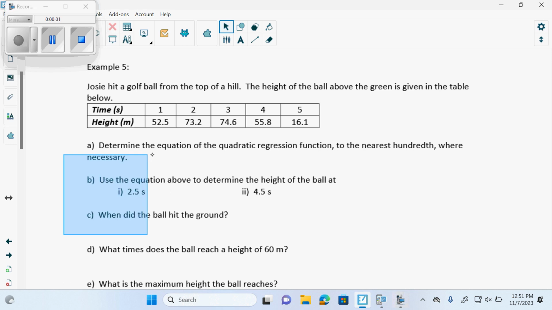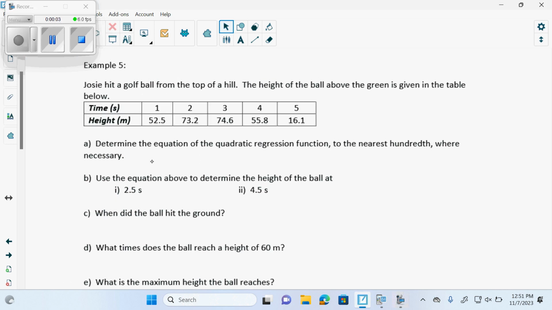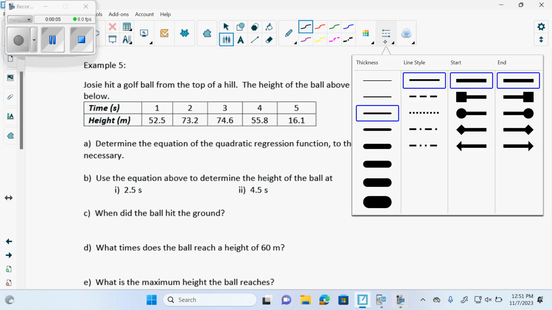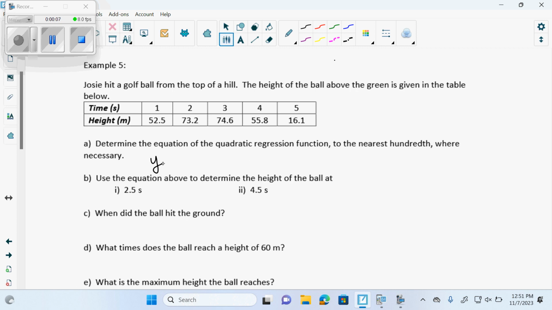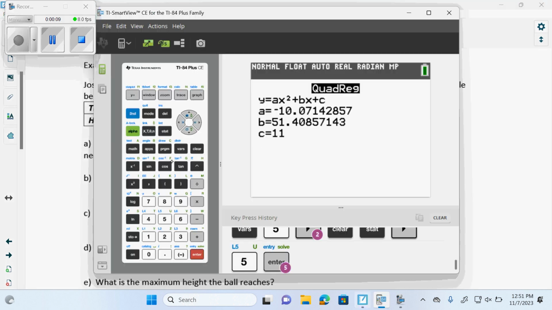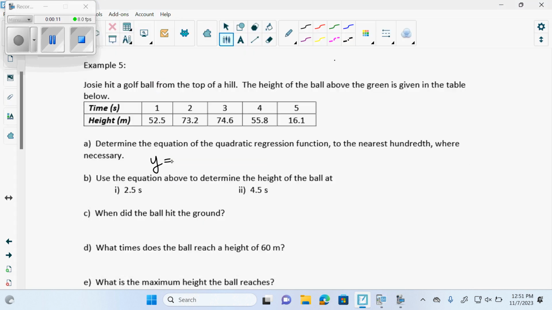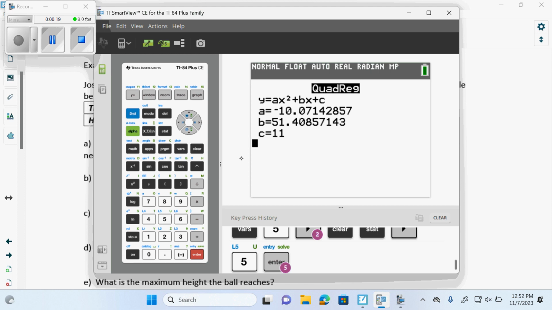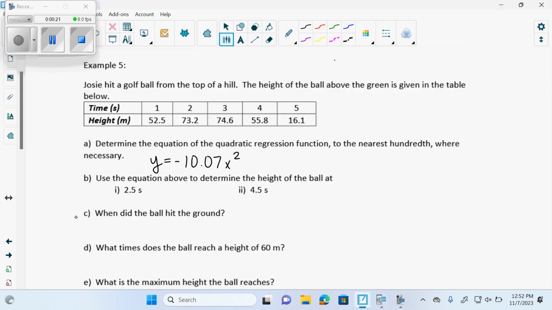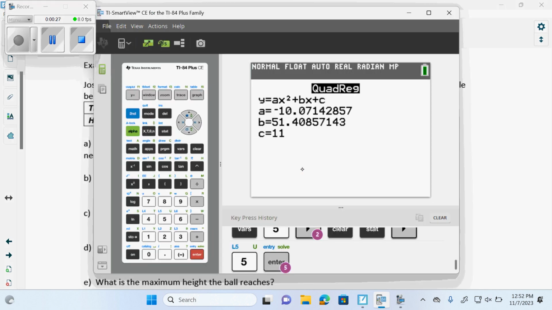This one in, we get y equals a negative 10.07, and then it says x squared, and then 51.41, and then x, and then plus 11.